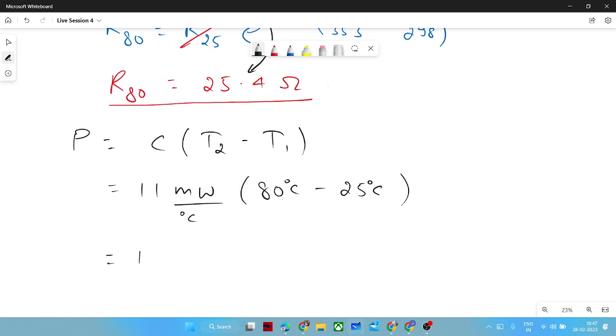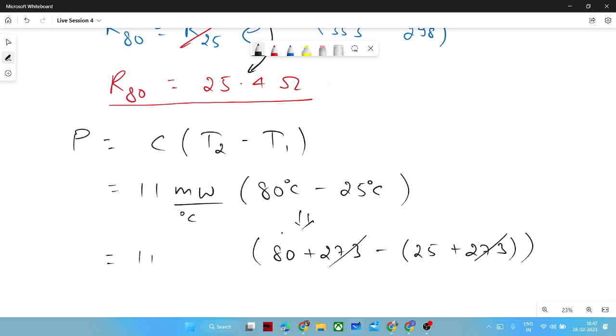See here degree centigrade is given for C constant, right? Anyway, if you use Kelvin here, the difference would be same, right? 80 plus 273 minus 25 plus 273. So that's why I mentioned that wherever differential will be there, it will be cancelled.